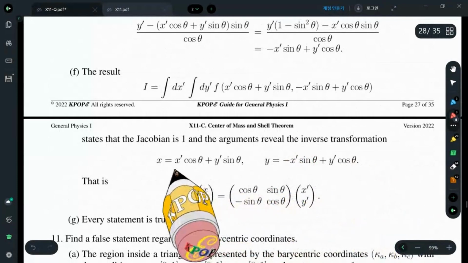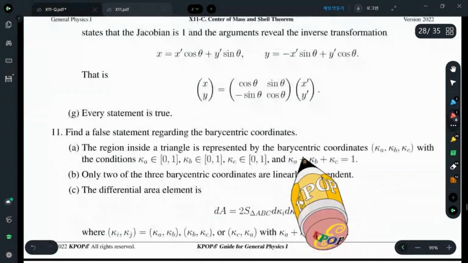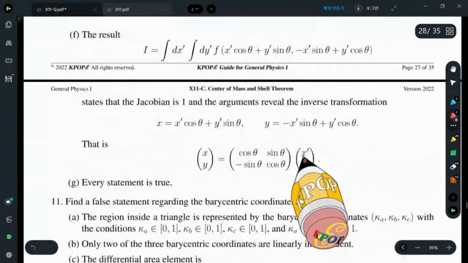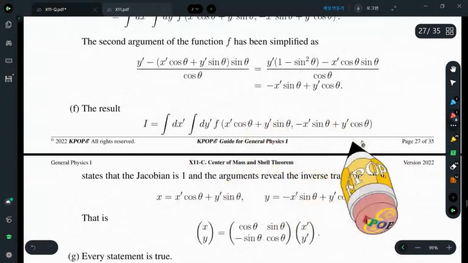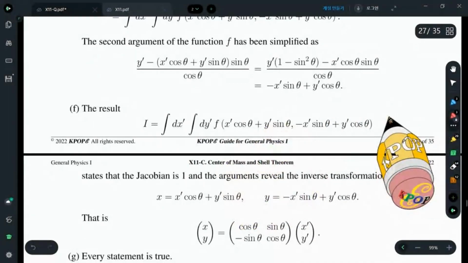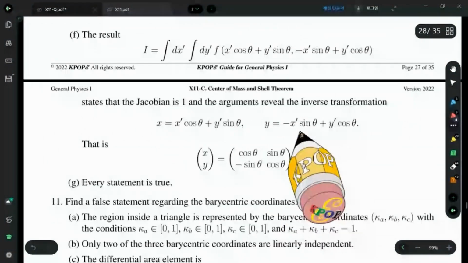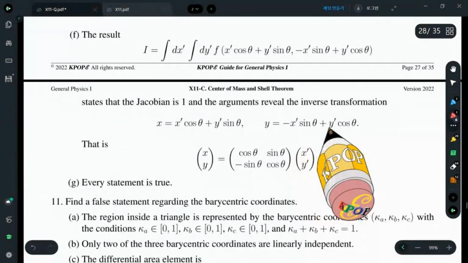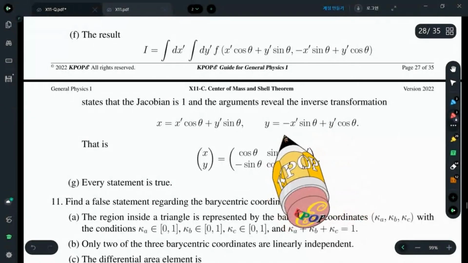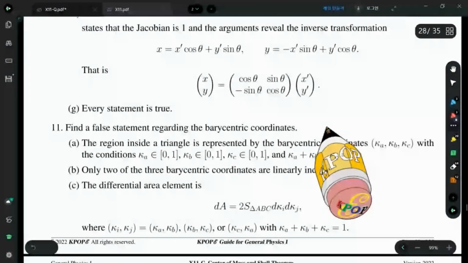After the rotation from the coordinates xy to x prime y prime, the integral becomes this kind of form. And here the Jacobian is exactly 1 because the Jacobian is cosine squared plus sine squared, that is 1. So if you like this problem, you can do that, but on the exam, problem number 10 does not appear.